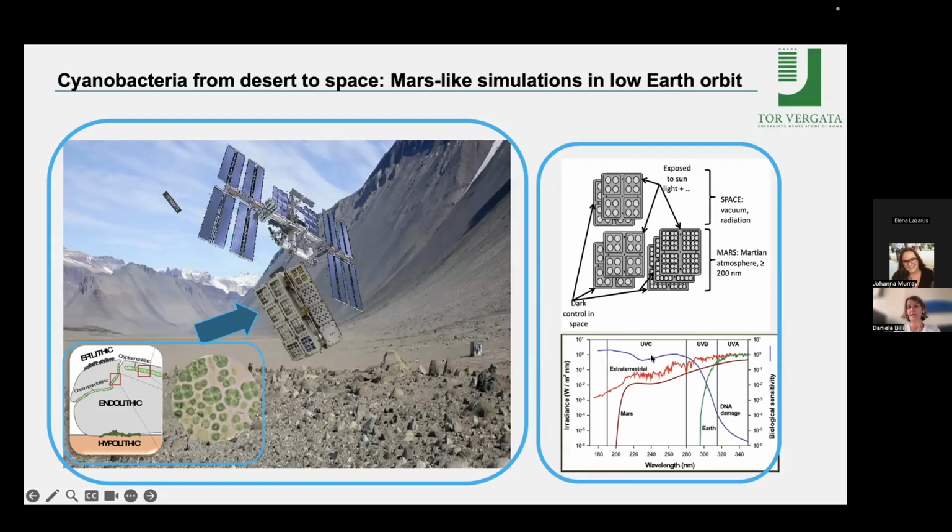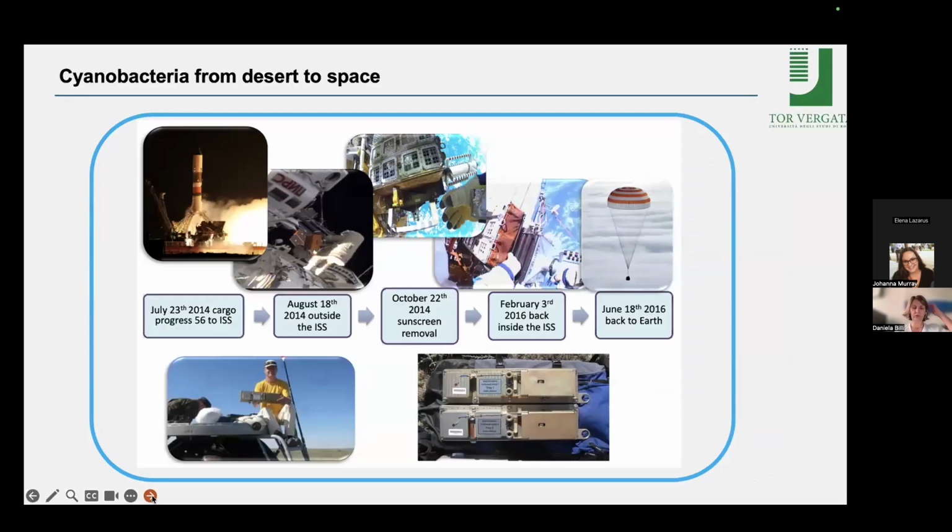And UVC is a very damaging one because it is absorbed by the DNA, and it also produces radicals, and so oxidative stress and so on. So as I've shown before, UVC is also very lethal to survival.